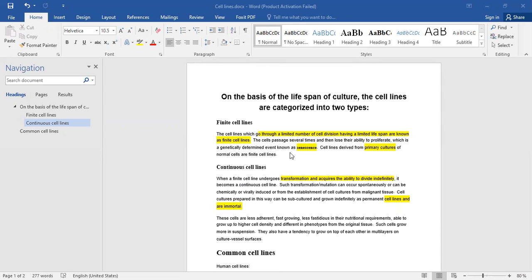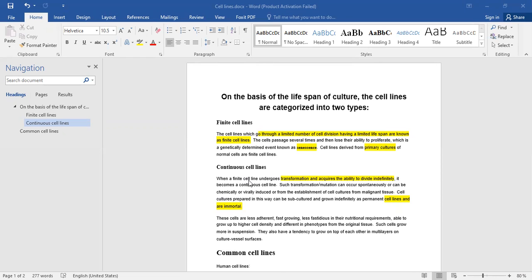And these cells originate from the finite cell lines. They are not prepared by themselves; they are derived from finite cell lines.